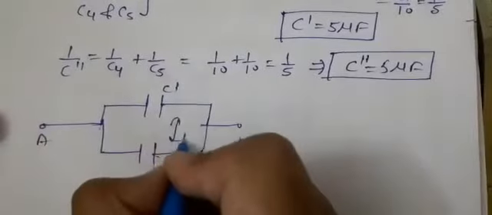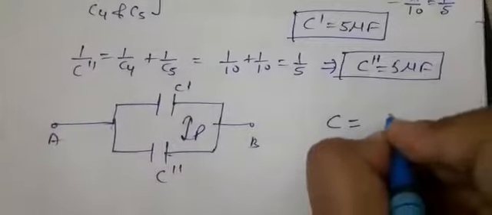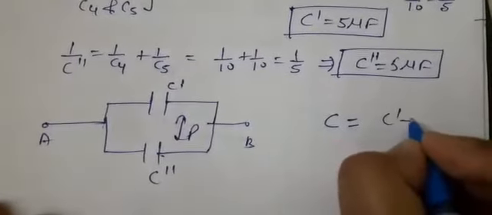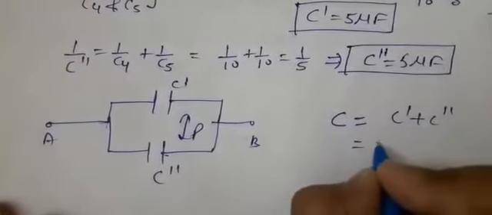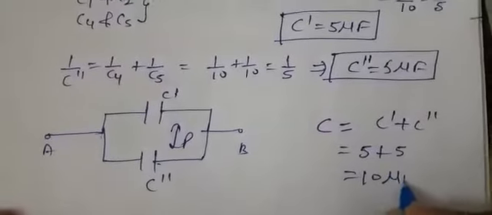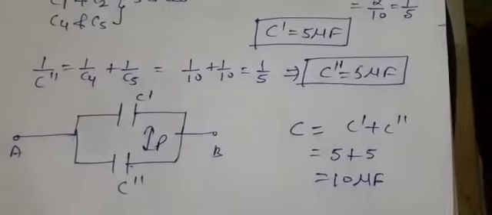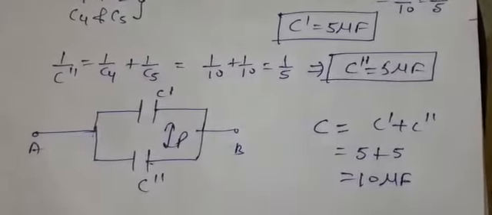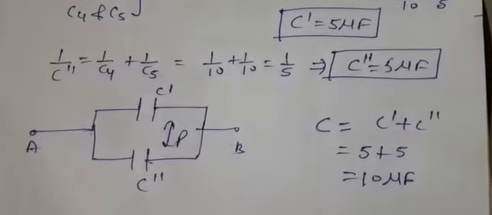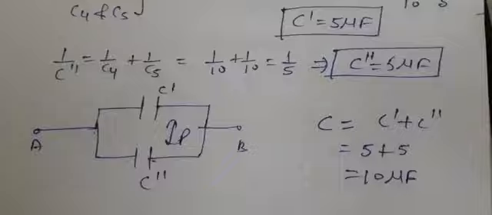These are in parallel. So their parallel combination will be C equals C dash plus C double dash. It means 5 microfarad plus 5, that is 10 microfarad. So now you can see how simple this question is. The main concept is how to rearrange the capacitors to apply the Wheatstone bridge principle.